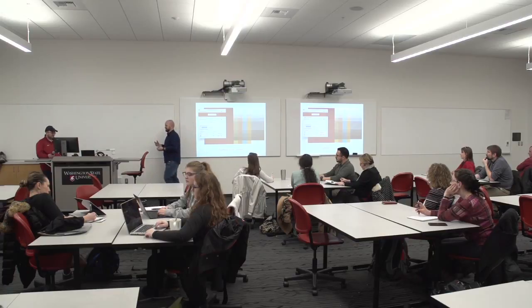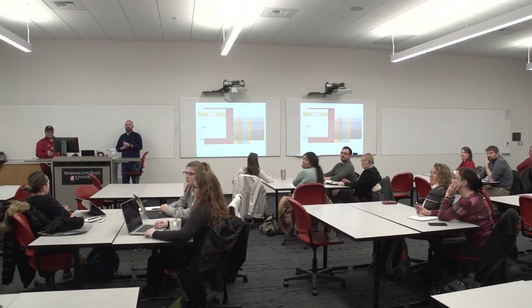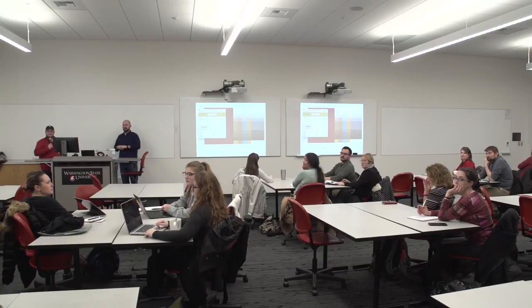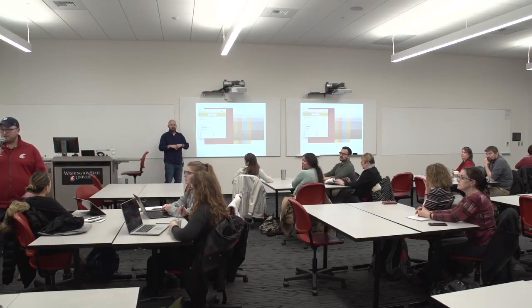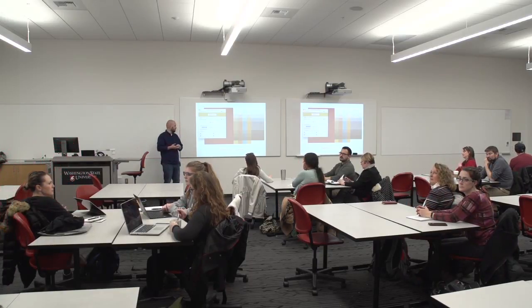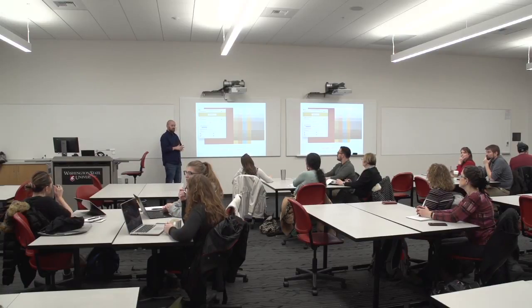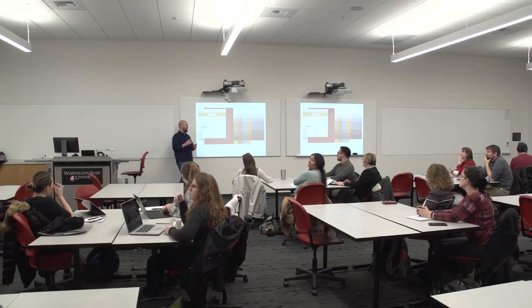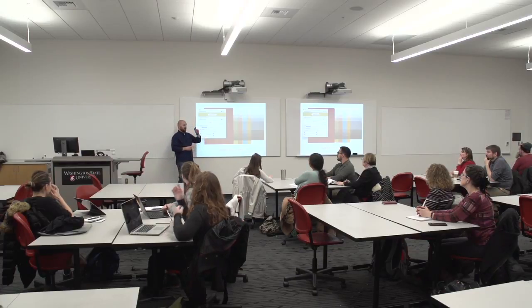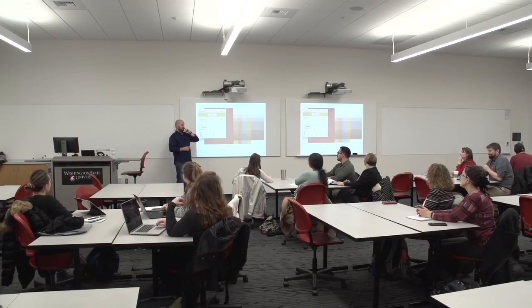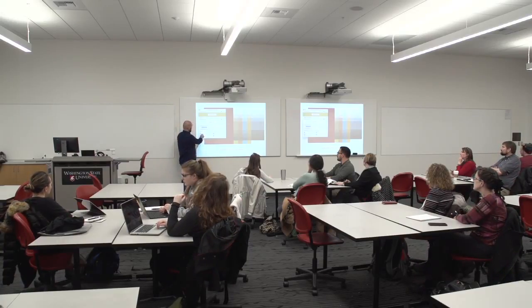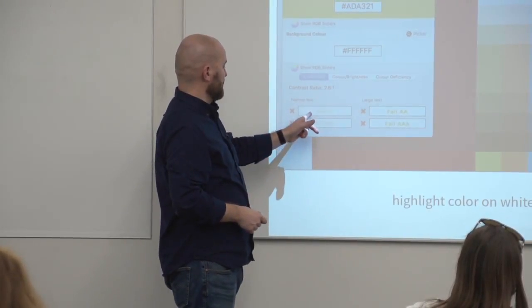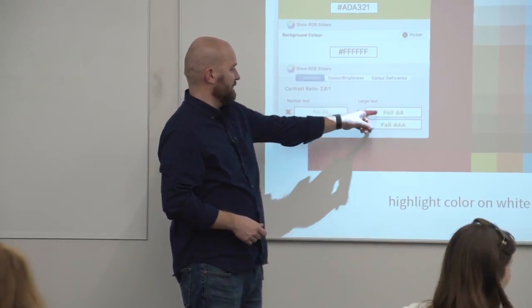Let's look at the next one. The bottom left will fail most of the time. So for the WCAG 2.0 AA, the double A, we need this one to pass and this one to pass.